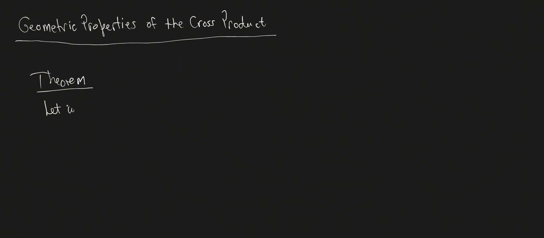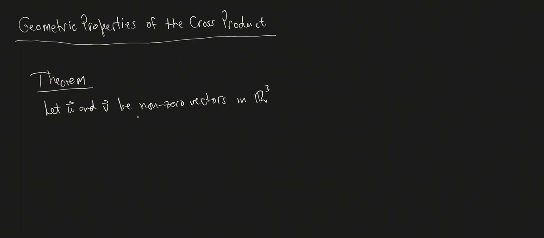So let U and V be non-zero vectors in R3, right? Because remember, for the cross product, we need vectors with three components, so three-dimensional vectors.